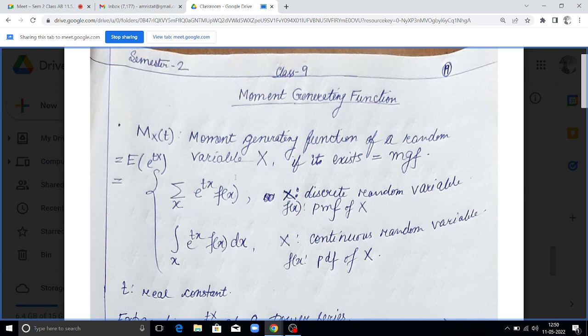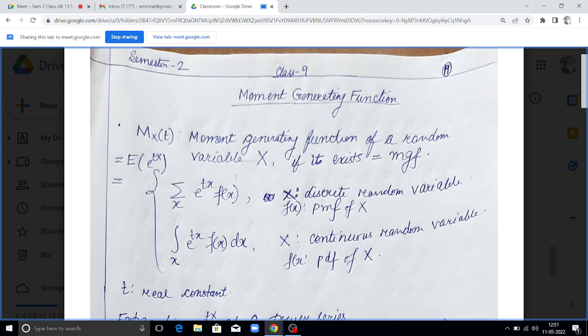But now within the expectation we have e to the power tx, therefore within the summation we will also write e to the power tx into small f(x). Since it is now an observed value of x, we have written x as a small x, whereas within the expectation we had written it as capital X.